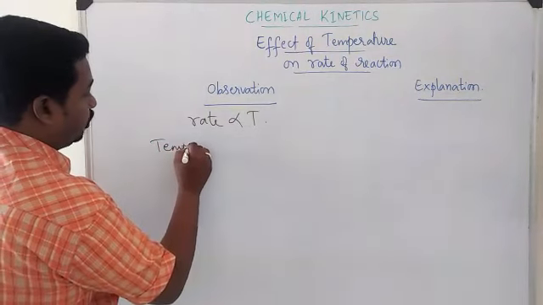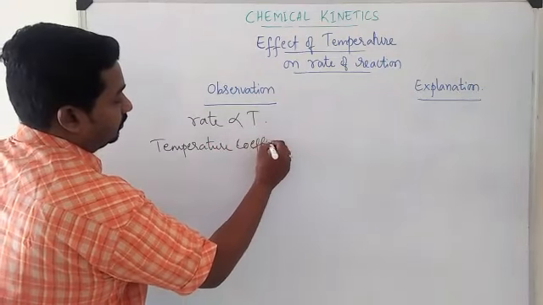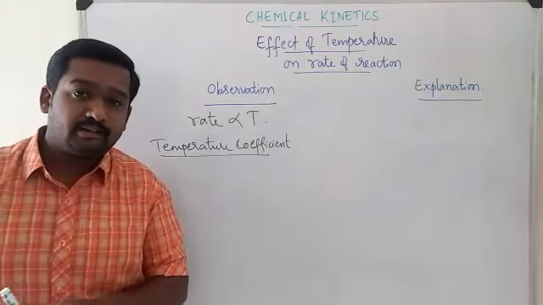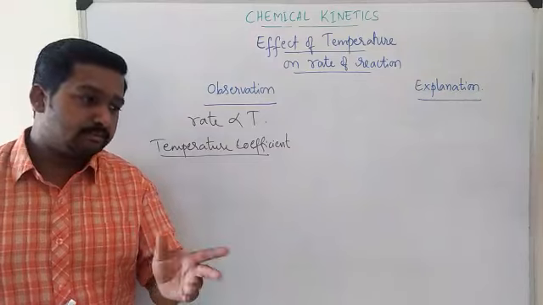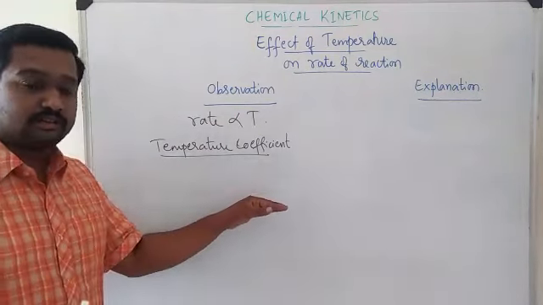Temperature coefficient. It is observed that for every 10-degree rise in temperature, there will be an increase in the rate by 2 times or 3 times, which is called the temperature coefficient.